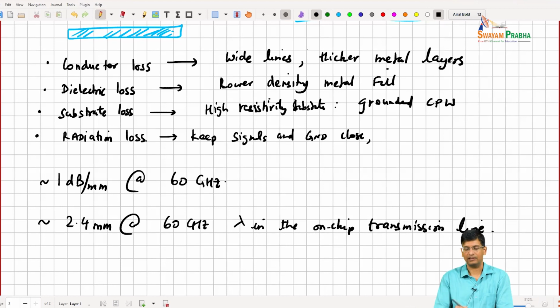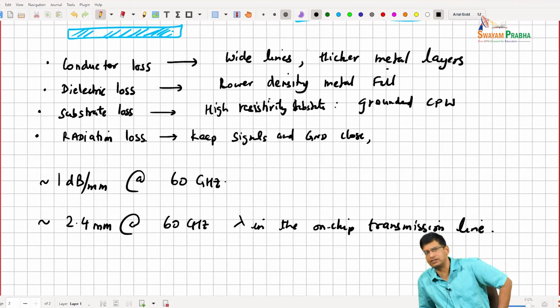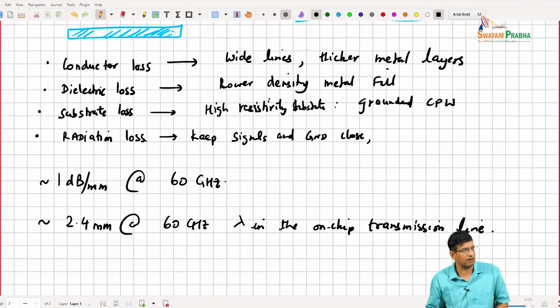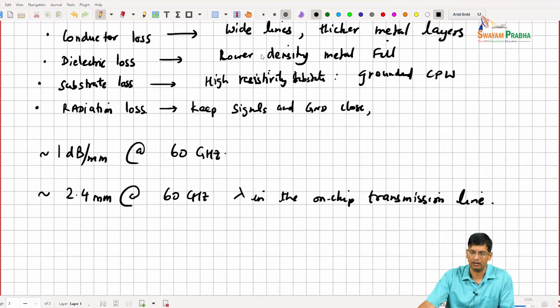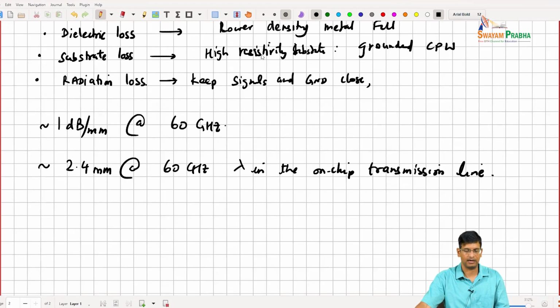These are approximate numbers; they might vary a little bit depending upon what your technology is and how you do the metal fill and all that. But this starts giving you an idea of the order of magnitude of wavelengths and loss that you can expect to get.